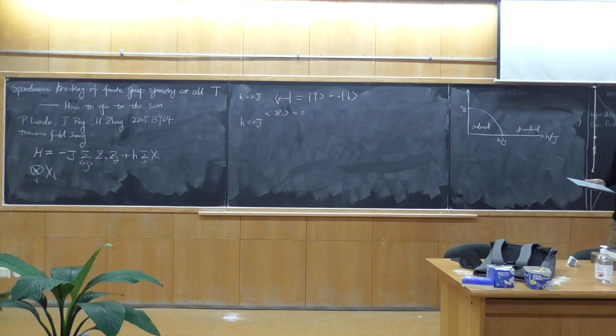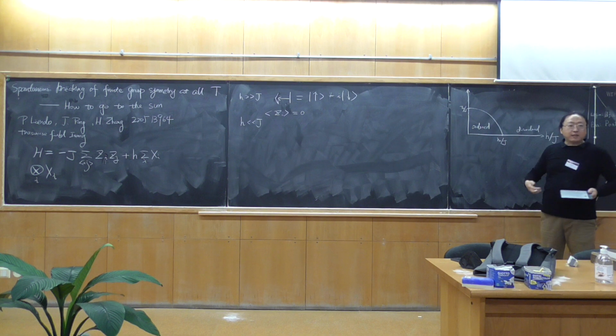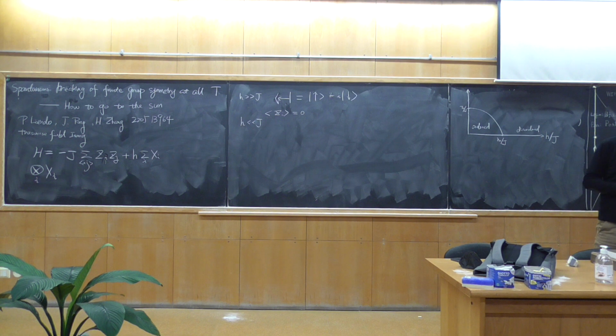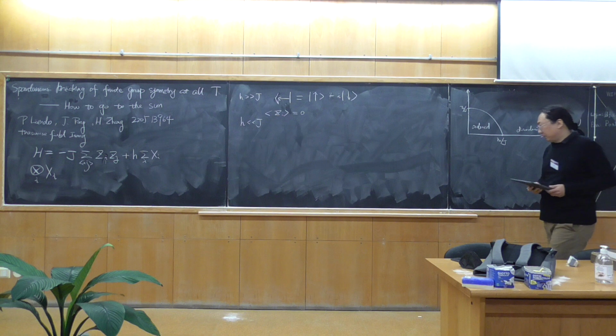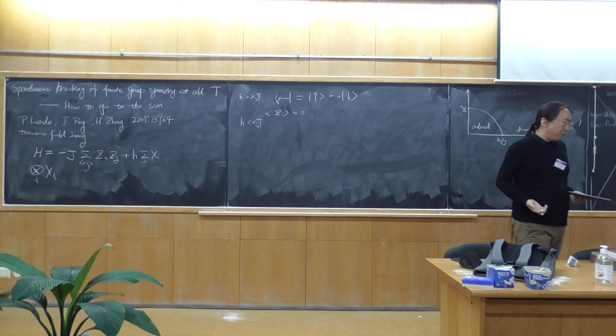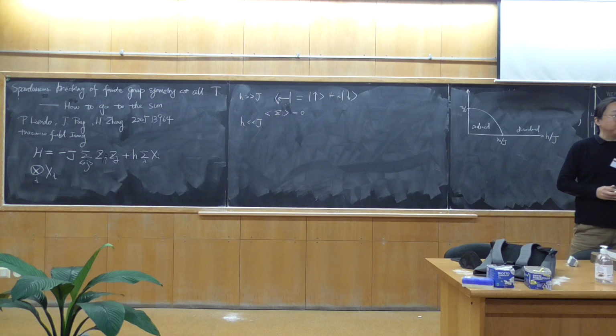There are a few things to be mentioned here. One thing is that if you look at what's happening here, at high temperature, this Z2 symmetry always gets restored. That is consistent with what we expect from thermodynamics, because at high temperature we usually want the system to be more and more disordered.